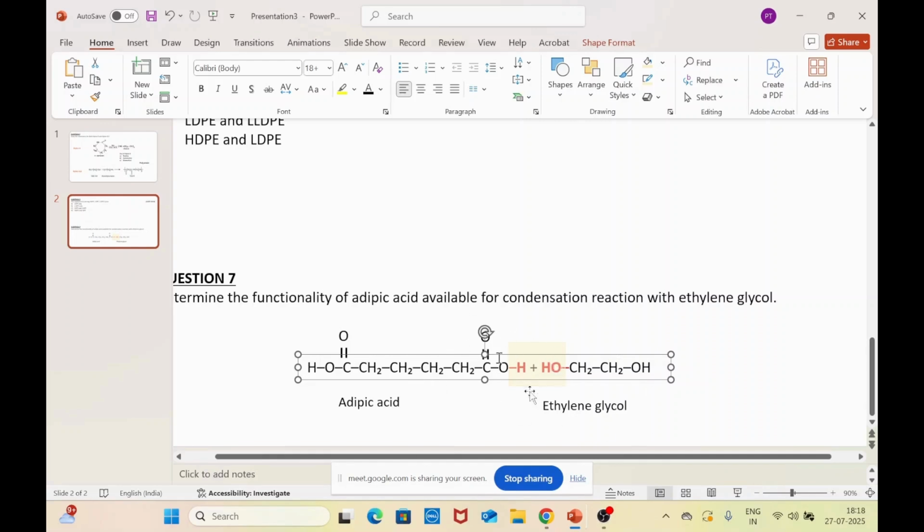Because only one part of this COOH group and OH group is reacting, but why are people saying it is 2? I hope my question is clear. So here only one COOH group and one OH group is reacting. So why is the functionality of this adipic acid going to be 2?